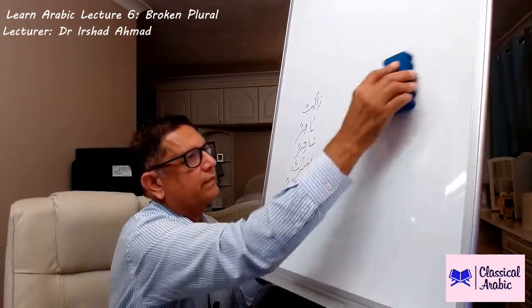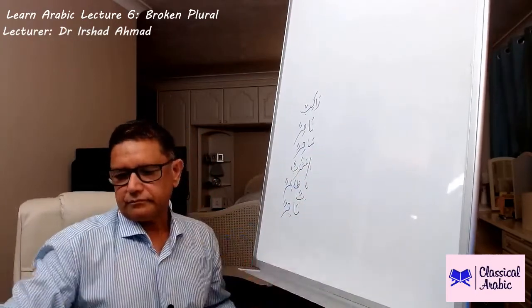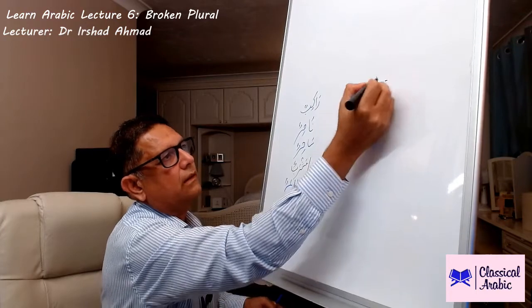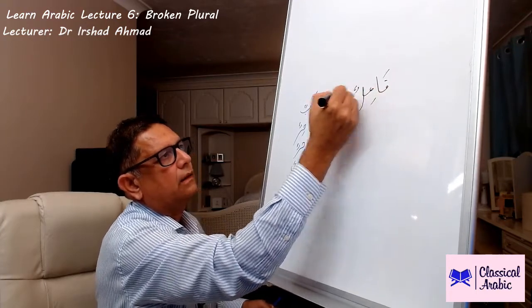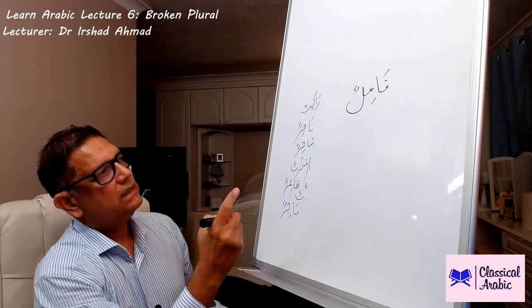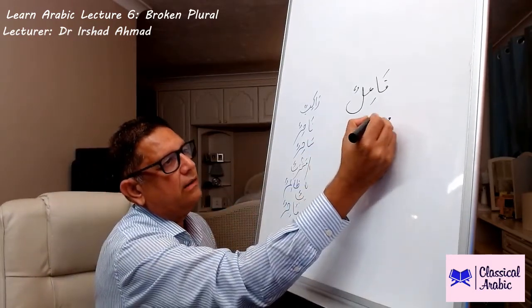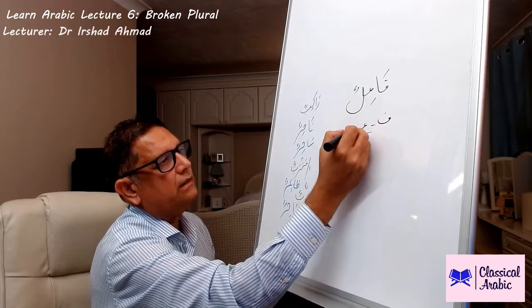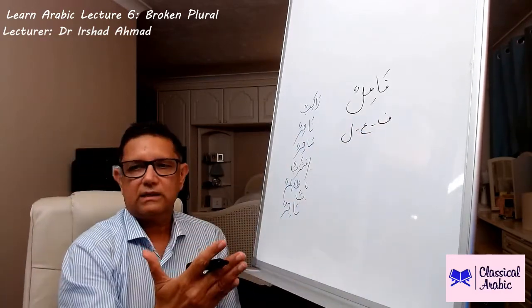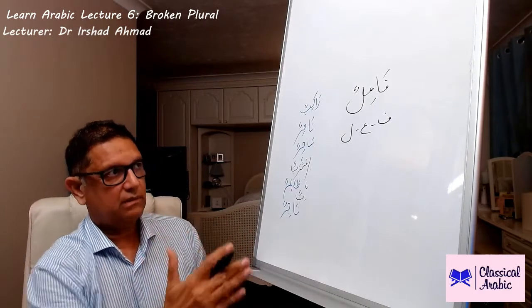Fa'ilun. The main letters in this are fa, ain, and lam, and alif is kind of extra. I will explain what I mean by that.